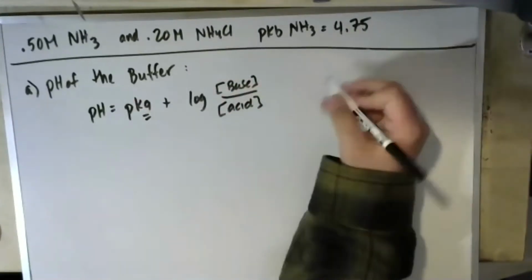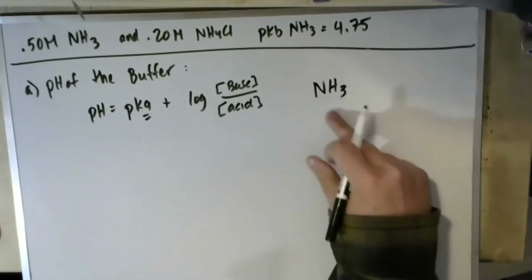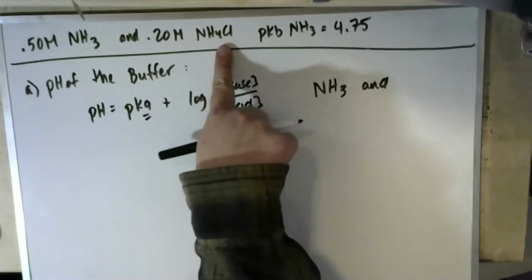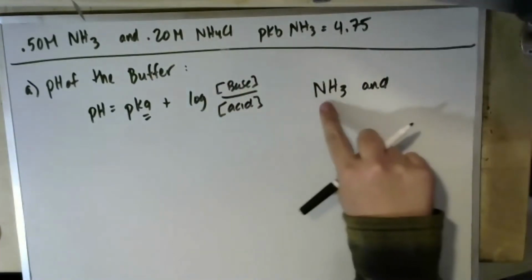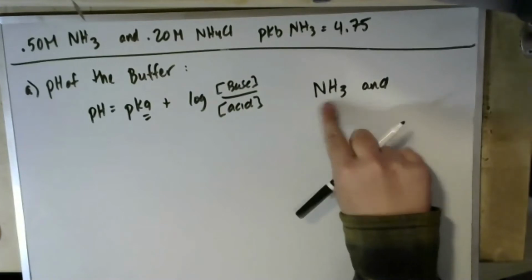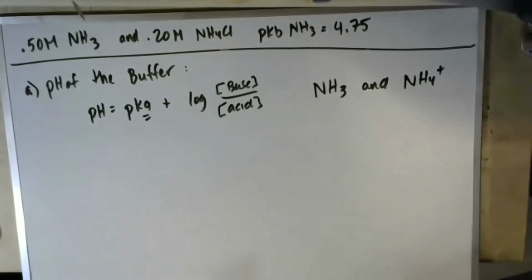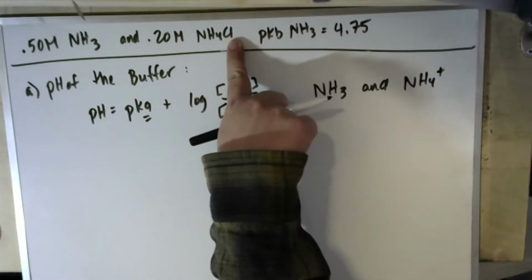So in this buffer that we have, we're going to have NH3, and in this NH4Cl that's here, that's where we're going to find the conjugate acid to the NH3. It's going to be NH4 plus, because the chloride ion that's attached to the ammonium is a neutral ion.